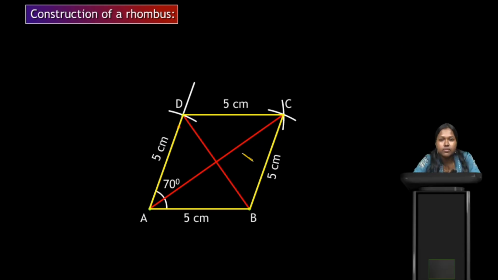This GM is a straight line. So that means angle EOG and angle EOM, if you add both angles, will form a linear pair. Why? Because GM is a straight line.